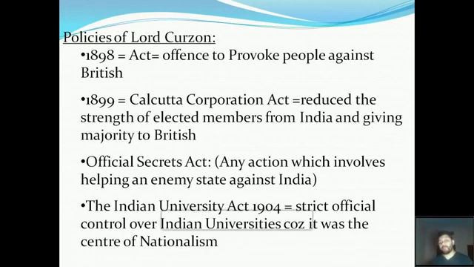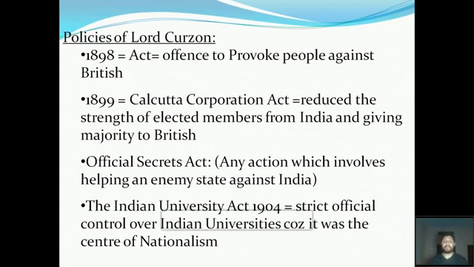Actually, the people working for freedom were considered enemies of India. So these were very crooked acts introduced by Lord Curzon to suppress the people. Then again, the Indian Universities Act 1904, strict official control over Indian universities, because they were the center of nationalism, and young people were getting attracted to nationalism very fast.